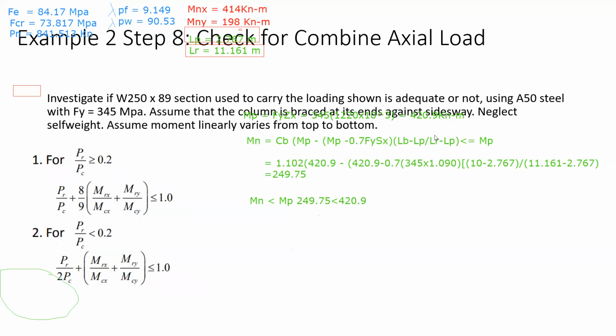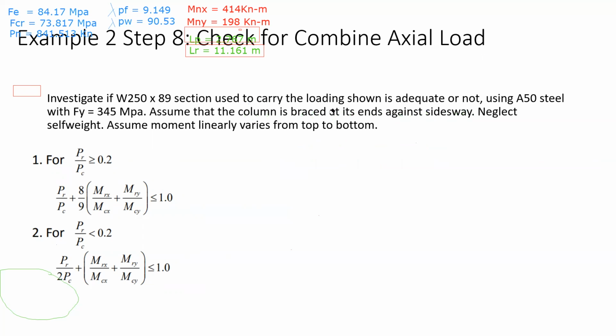We first looked at PR over PC being greater than or equal to 0.2. This is the formula we'll use. Or if PR over PC is less than 0.2, we use the formula below. So, first, let's check.